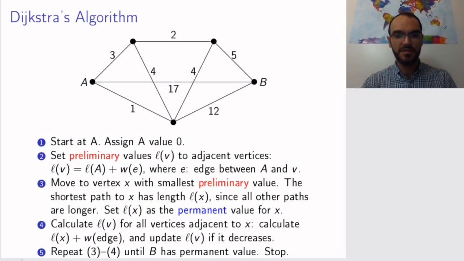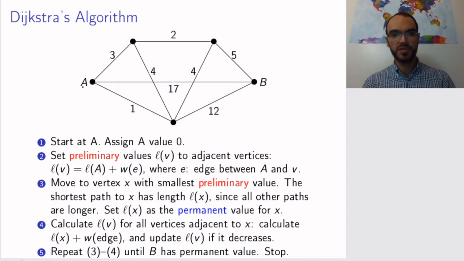Dijkstra's algorithm is named after Dijkstra, who was born almost exactly 90 years ago. And it goes like this. These 5 steps are the ones you repeat for the algorithm. Let's see how they work with this illustrative example.